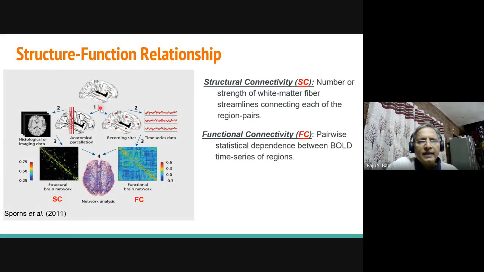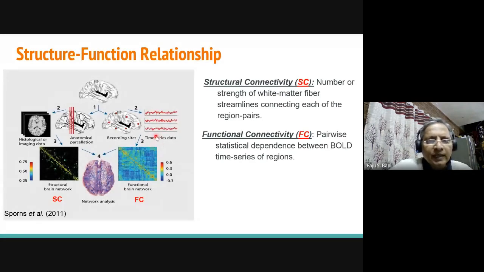On the right-hand side, what you see is the functional connectivity matrix. So we just talked about the BOLD time series that you can measure. You aggregate these over the 68 regions, and then you look at 68 by 68 pairwise correlations of these average time series, and you integrate all these correlation coefficients or other measures of time series similarity.